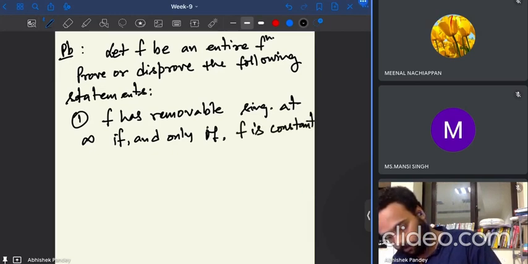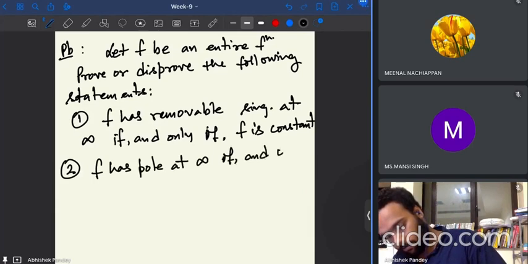Second thing is, f has a pole at infinity if and only if f is a polynomial.